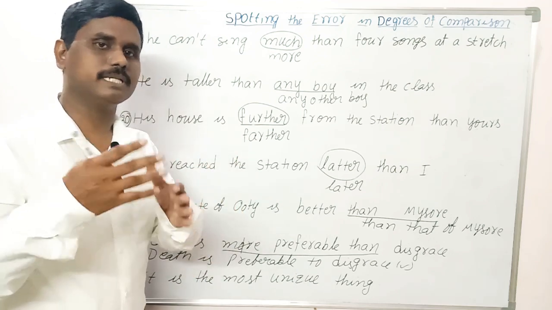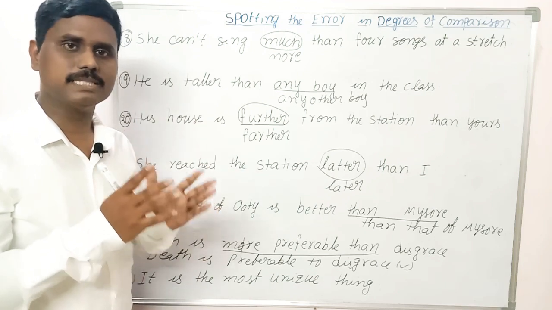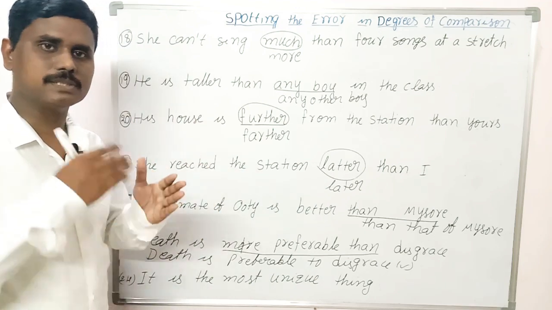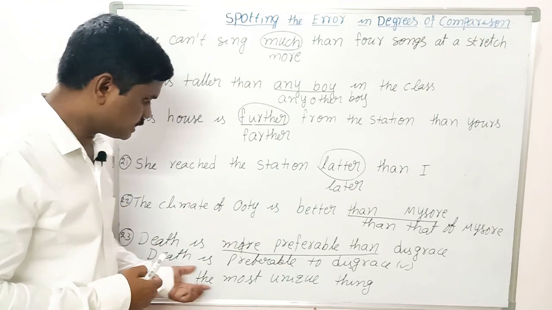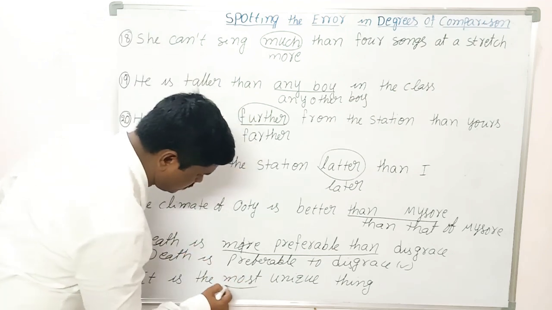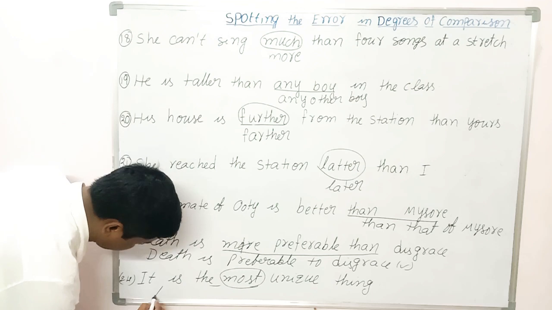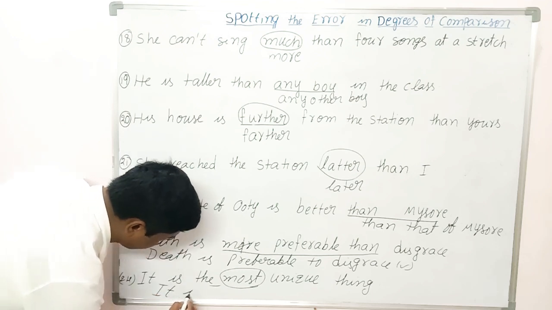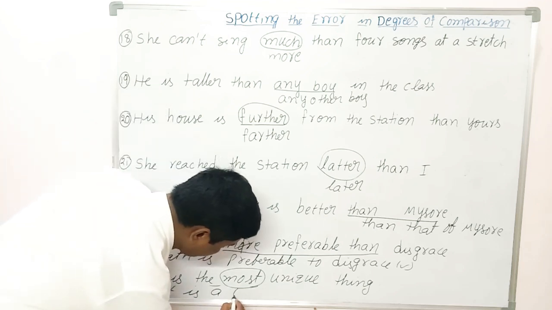He is a perfect man, correct answer. Square, round, all these words we should not use with more or most. Here it is the most unique thing, wrong. The correct answer is: it is a unique thing, with the article a.